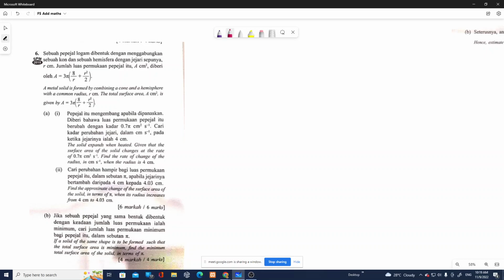Find the rate of change of the radius. So you have a cone and a hemisphere, correct?